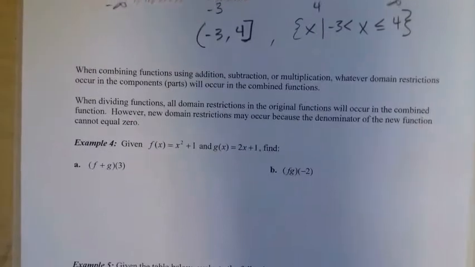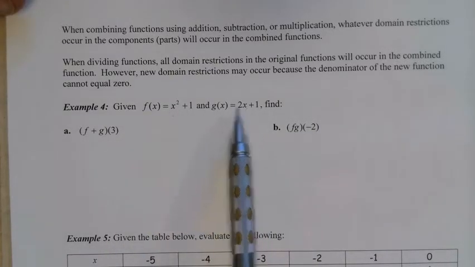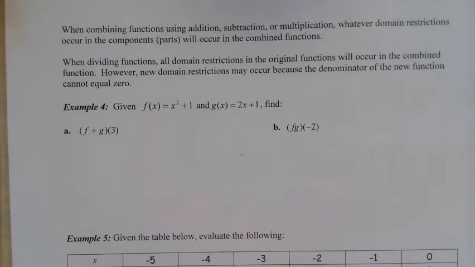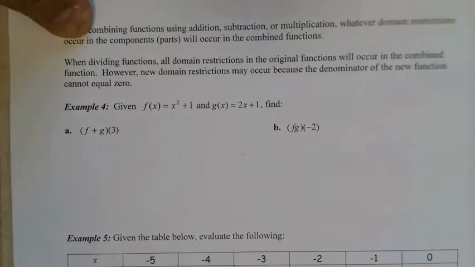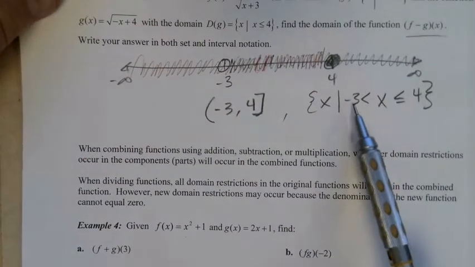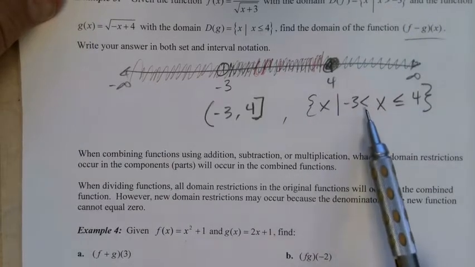Now, when you're combining them with adding, subtracting, multiplying, and dividing, whatever domain restrictions are going to happen in the parts will also happen in the combination. Kind of like we just saw with this one. This x greater than negative 3 that we had here is still there.